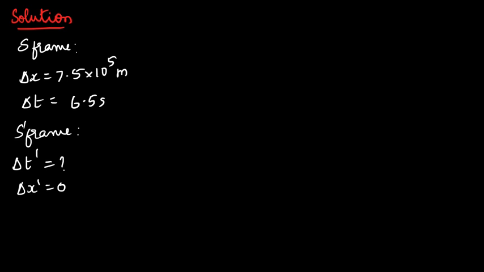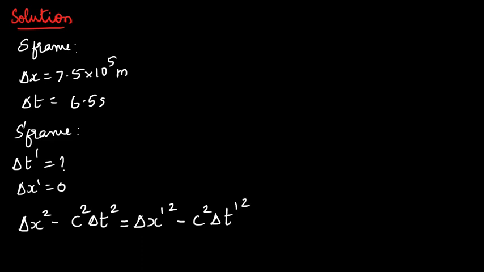Okay, so I get this form from Lorentz invariant transformation as such: del x squared minus c squared del t squared is equal to del x prime squared minus c squared del t prime squared. So I have this equation. Now I'm going to substitute everything I know over here.